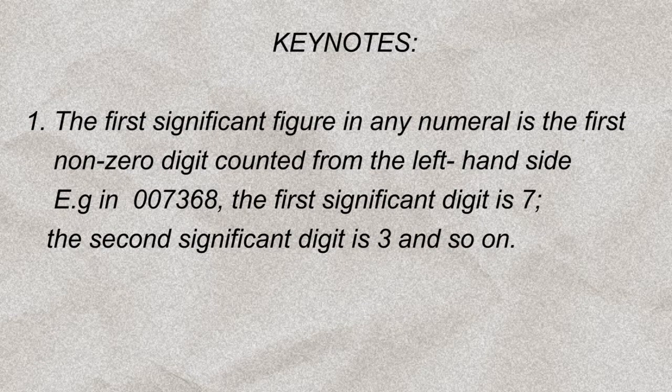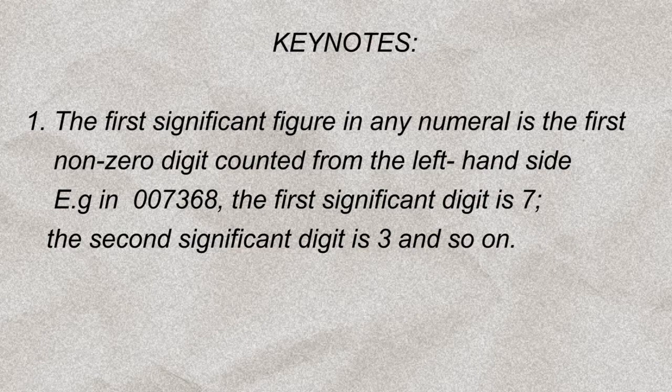They are: 1. The significant figure in any numeral, take note, is the non-zero digit counted from the left-hand side of that numeral. Now look at the example given to you.